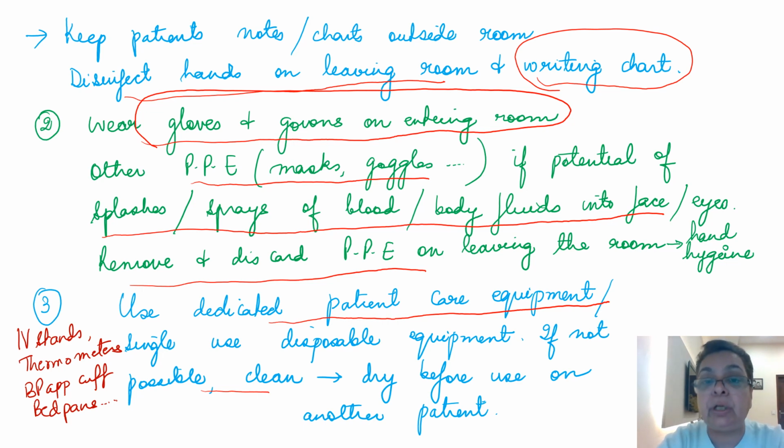So for patient care equipment, just a couple of examples, like IV stands should be dedicated. They should be within the patient's room. Don't take them to other rooms. Thermometers should be dedicated. BP apparatus cuffs should be dedicated. Bedpans should remain inside the room. Okay, so these should not be shared with other patients, right?